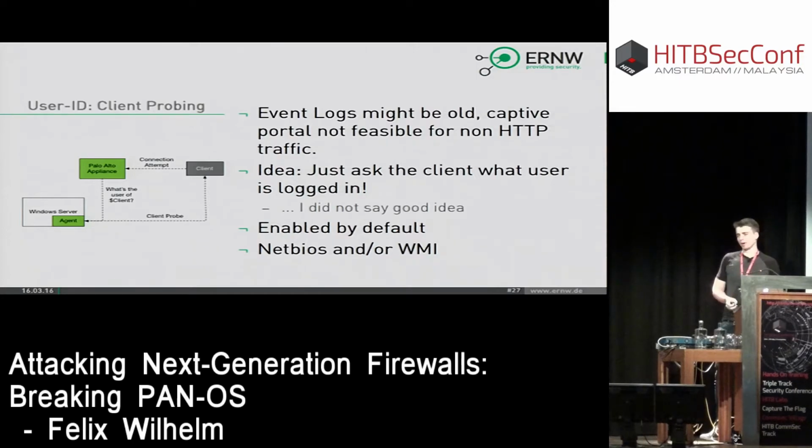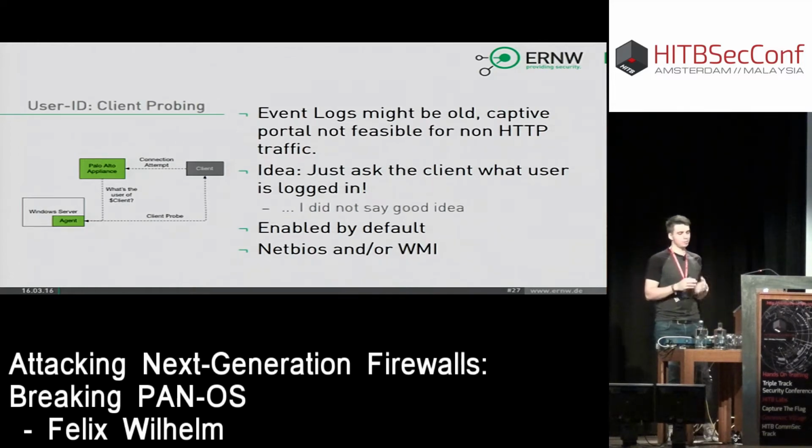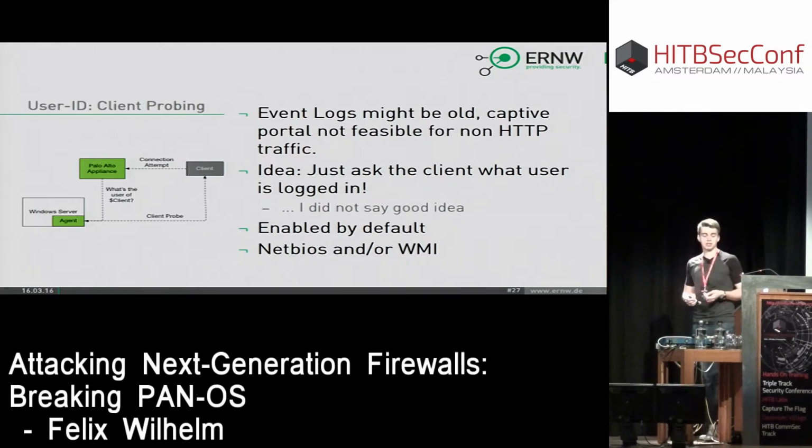Now, one of the cooler features, or at least I think it's kind of interesting, is client probing. The problem with this event log approach, where you connect to the server and ask for the event logs, might be that the event logs are quite old, so they're not always an actual or current mapping between the IPs and the clients. They also have a high impact on the server resources because you have a lot of reading of the event logs.